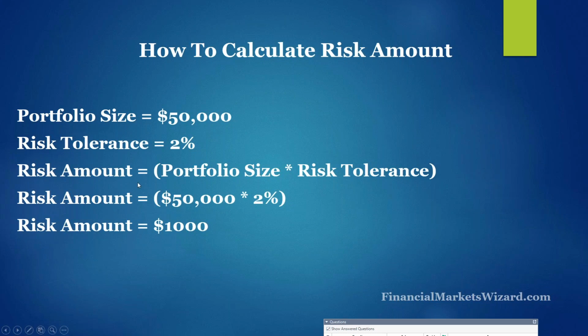So what is the risk amount? The portfolio size is 50,000, risk tolerance is 2%. So you are willing to lose $1,000 on this trade. So you have already identified, I'm willing to lose $1,000 per trade based on your portfolio. 50,000 is your portfolio size, 2% is your risk tolerance, $1,000 is the risk amount.